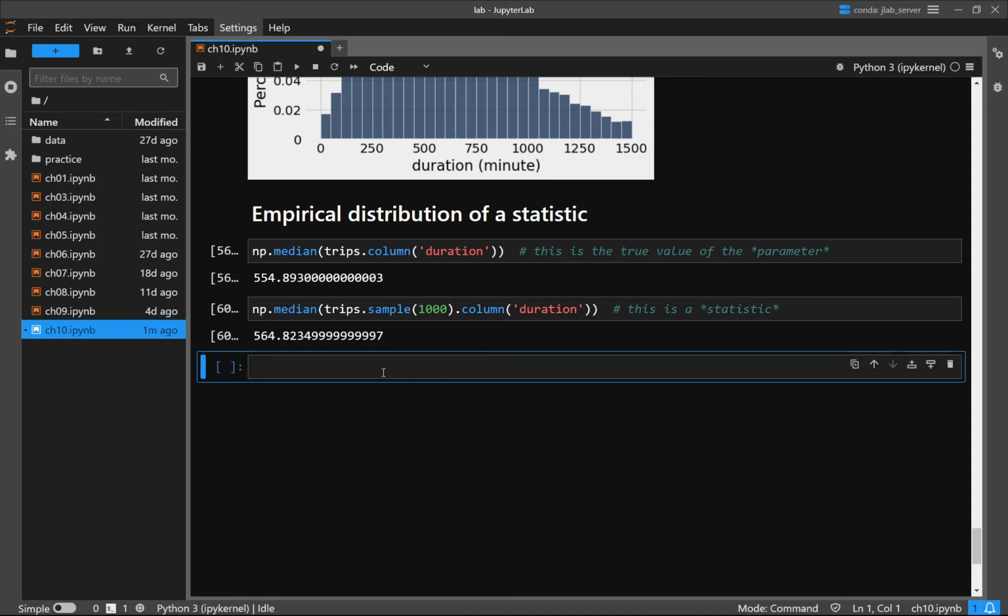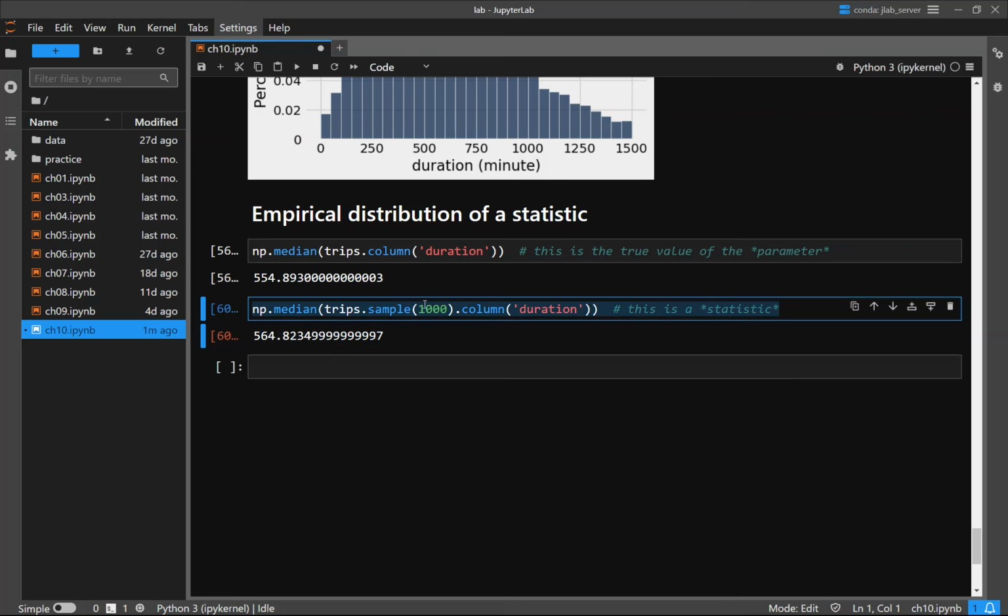So I just took 1,000, and it's within 10 seconds of the true median, the true parameter. I've estimated it very well with just 1,000 things. Does that make enough sense? So that's the parameter. That's a statistic I've calculated from a sample, trying to estimate the parameter. Any questions about it? Because that's a key thing. That's our job. That's what we want to be able to do in general.